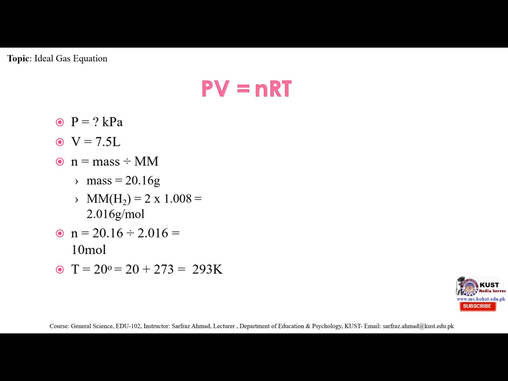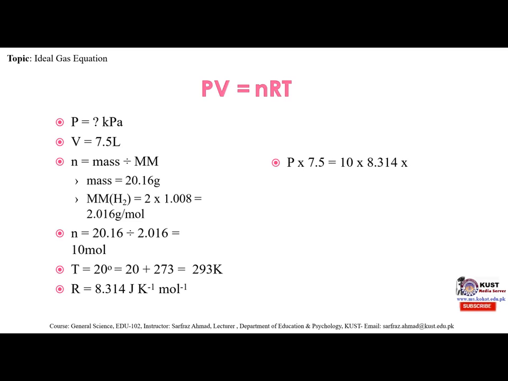The value of temperature T is equal to 20 degrees, and we shall convert it from centigrade to Kelvin. So we shall add 20 plus 273, it will become 293 Kelvin, and the value of R is 8.314 joule per Kelvin per mole.